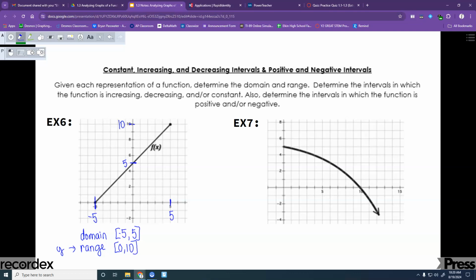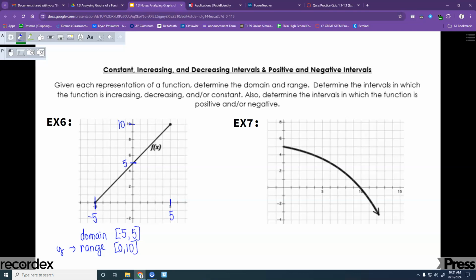Okay, so that's domain and range we've already been working on, but we can probably still use a little refresher on that, right? Now, if we're talking about increasing or decreasing, which one do we have here? Do we have both on this one, or just decreasing? Just decreasing. Which side do we have to start on, Eddie? Left. So if I go from left to right, if I'm on this roller coaster, am I increasing or decreasing?